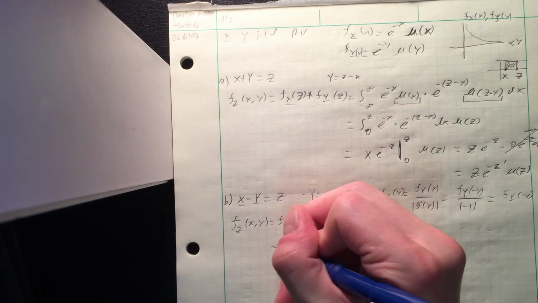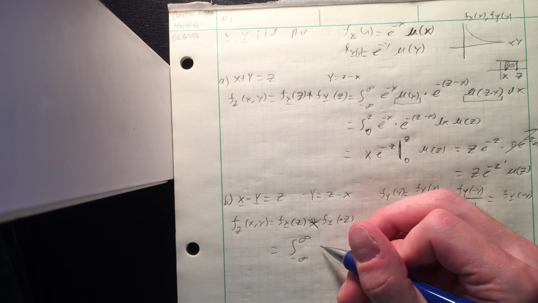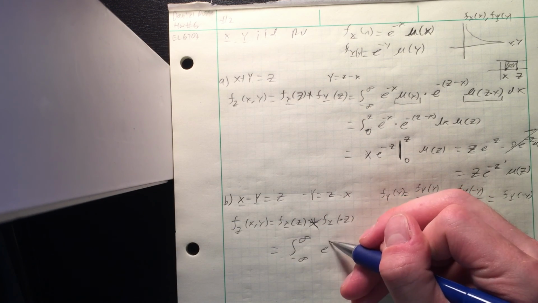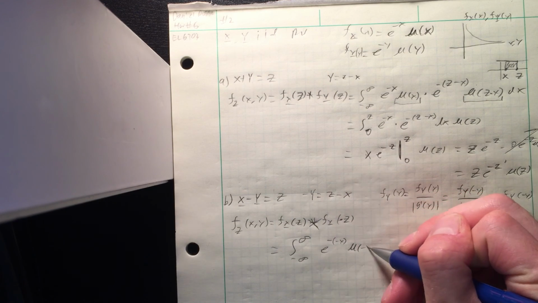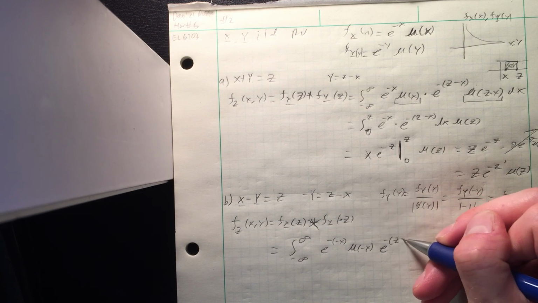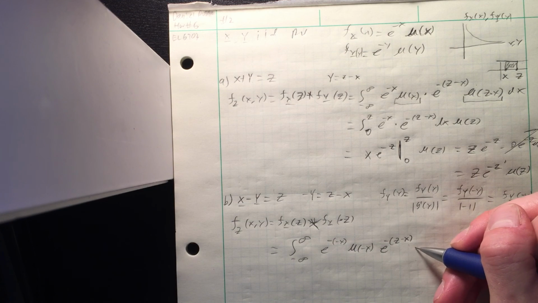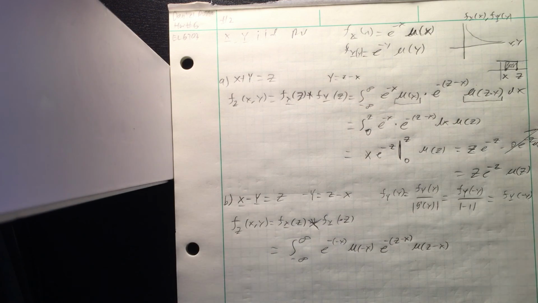plus the convolution. So once again with our integral, we set up e to the negative x, so negative x, u of negative x, e to the negative z minus x. So we do a little math substitution.